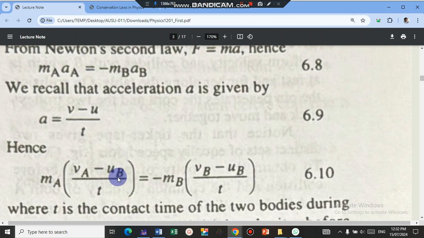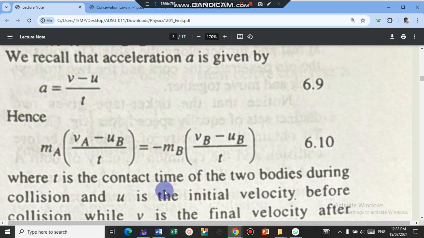The writer made a mistake here, it should be A, not B. This is equal to, then I keep the negative sign there, m sub B, open bracket, the acceleration of body B, which is v sub B minus u sub B divided by t, and the t is the same for all of them, where t is the contact time.